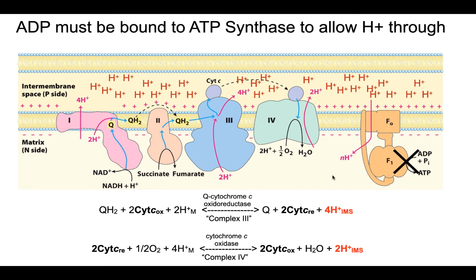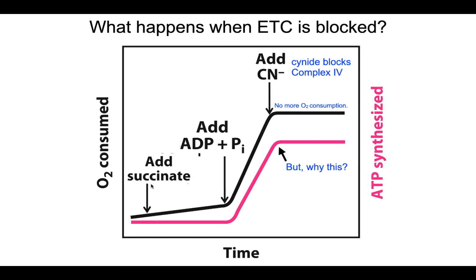Which means that if ATP synthase is shut down, for example, by not giving it ADP, those protons can't get through, they build up, and then even though we have a source of electrons, succinate, even the electron transport chain shuts down. And that's what we're seeing here. Even though we've added succinate, we still don't get oxygen consumption until we add ADP and inorganic phosphate. And now we have both the production of ATP coupled along with the consumption of oxygen.